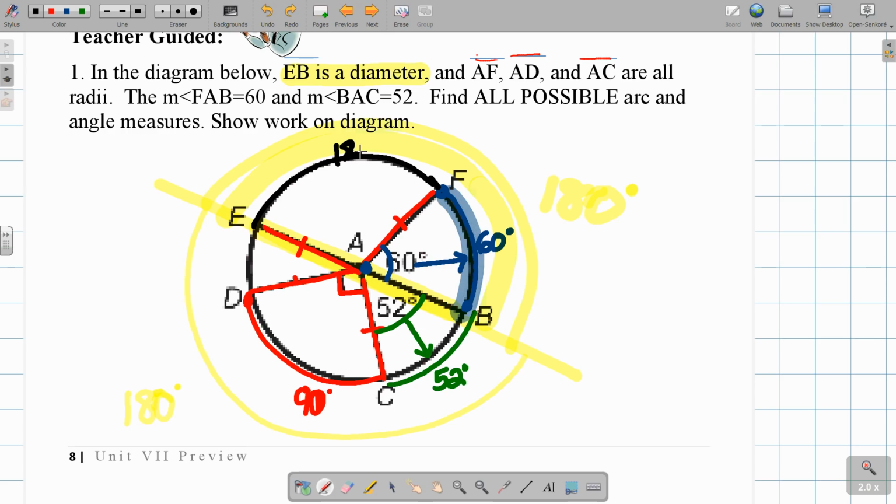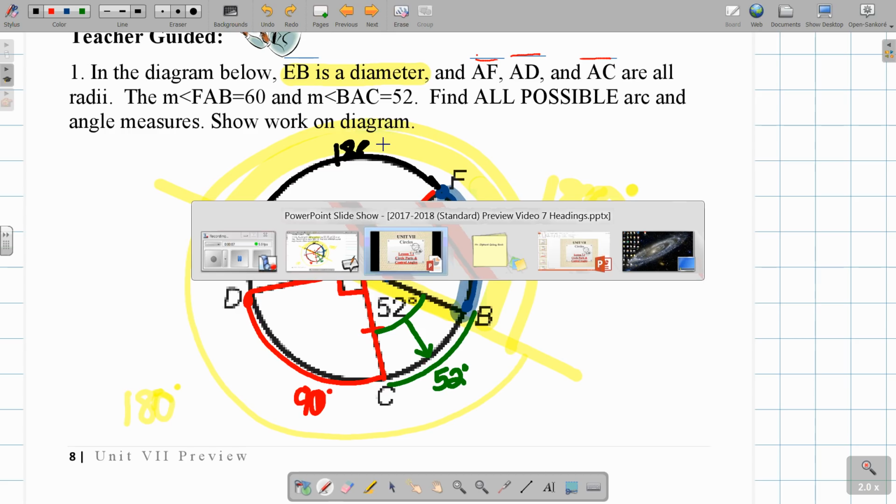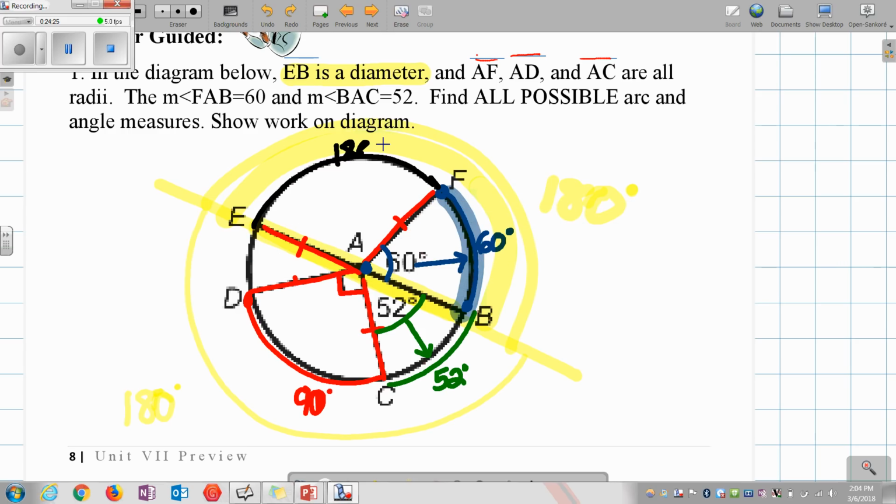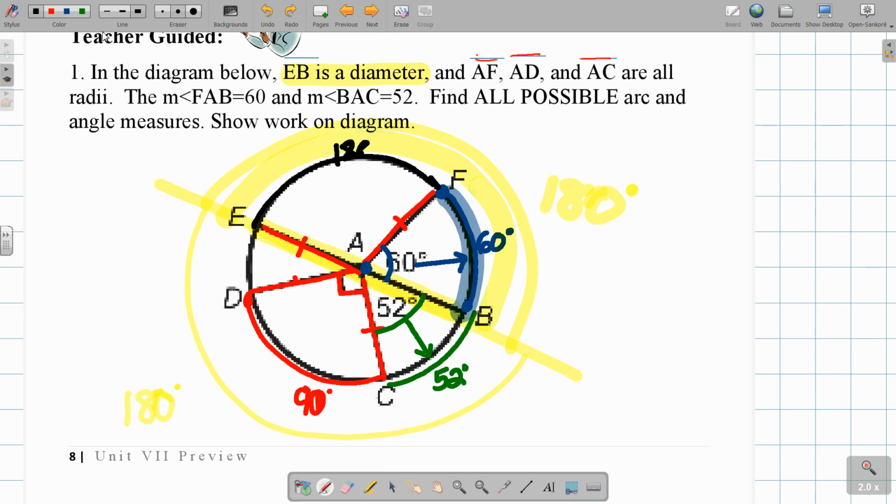That's 120. So you see, of course, that if that's 60, that's 120. Measure of its central angle to its arc the same. So this angle right here has to be 120.